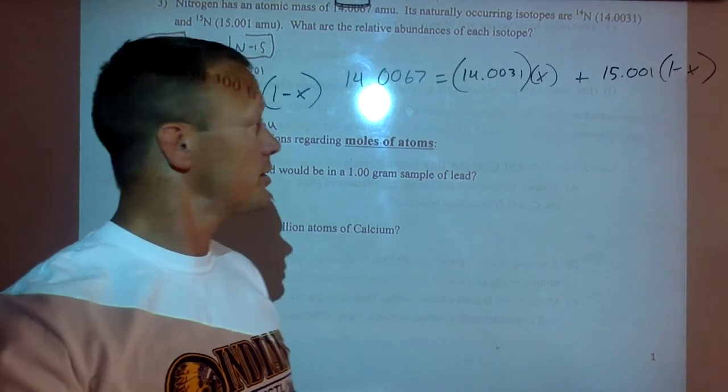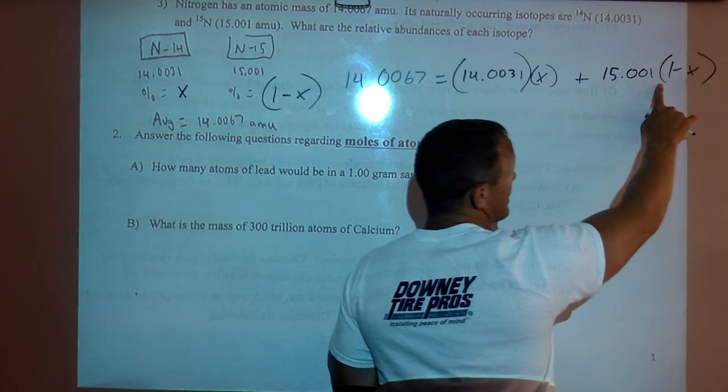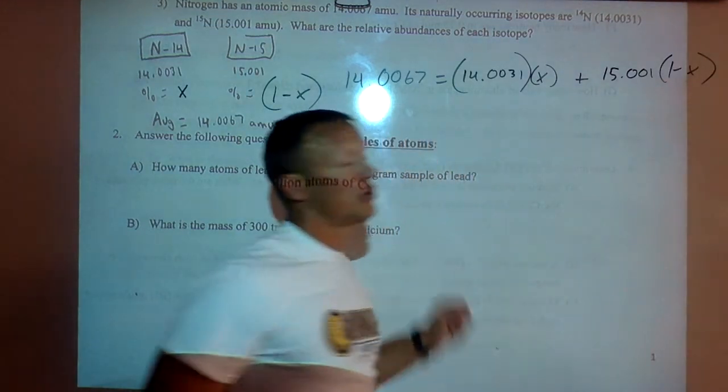You do have to distribute through here, so I've got to distribute the 15.001 through those parentheses.